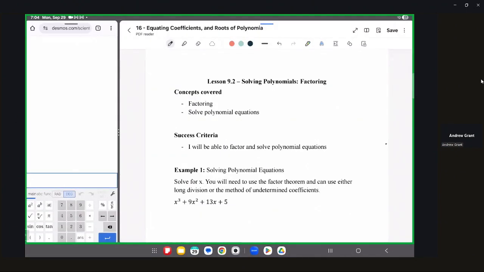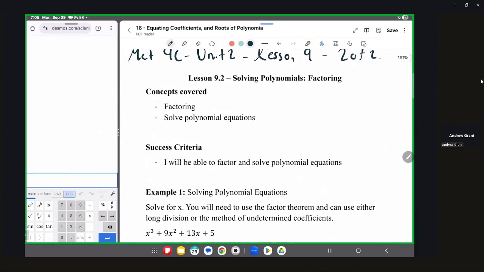And so again, we are on MCT4C. This is Unit 2 again. We're still on Lesson 9, but this is the second part, 2 of 2. And so in this lesson, we're going to be having a look at solving polynomial equations via factoring.